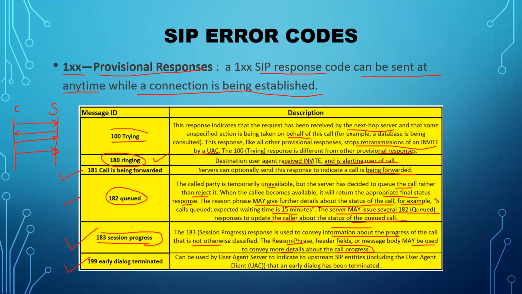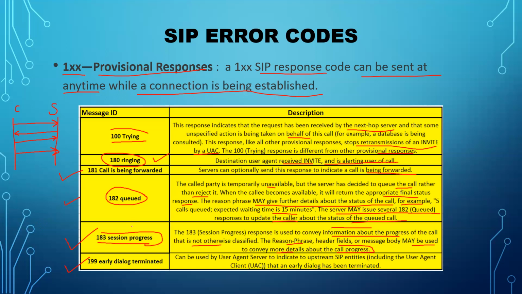Your 180 Ringing will not contain any SDP message if there is just a ring back or ringing. 183 Session Progress will carry SDP messages as well, which will show all the details like the IP address, the codecs, and all these details about the dialer tune, caller tune, or an IVR prompt, right?